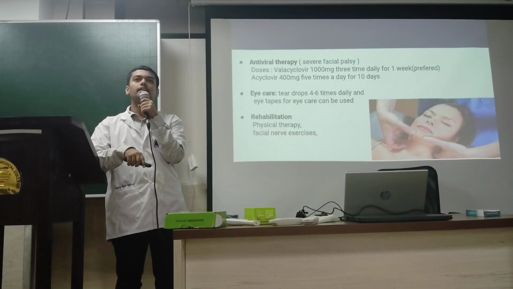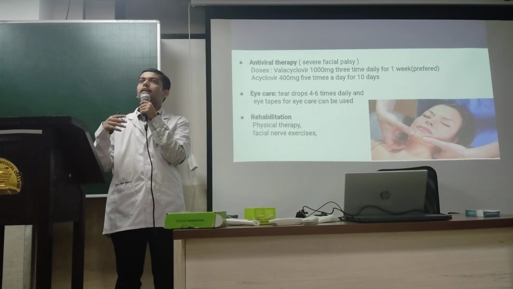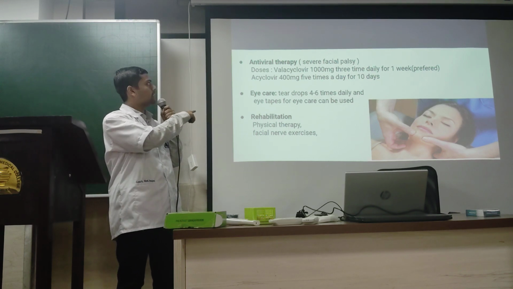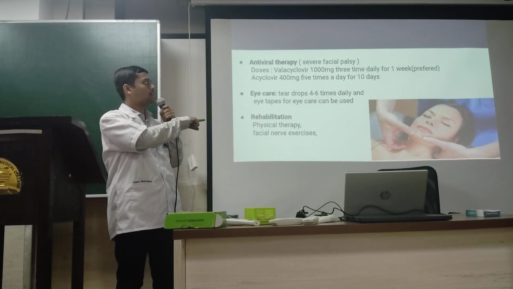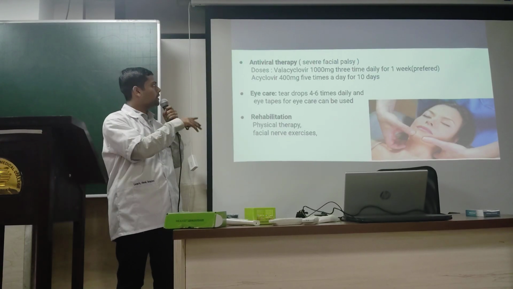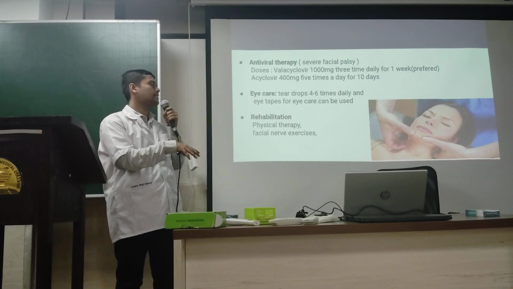If there is a severe case of facial palsy, antiviral therapy along with the corticosteroid is recommended. The oral doses given are valacyclovir 1000 milligram 3 times daily for 1 week, which is most preferred, and also acyclovir 400 milligram 5 times a day for 10 days.